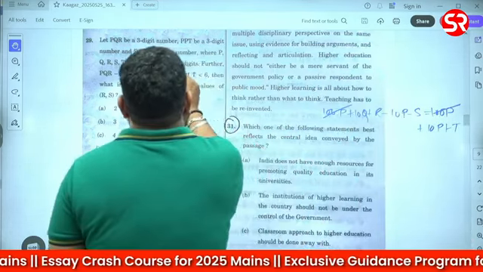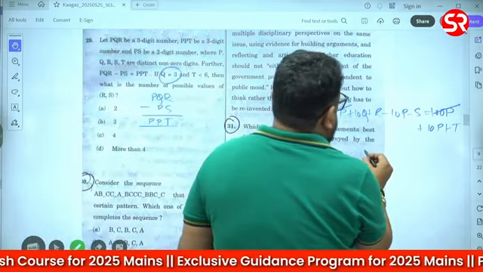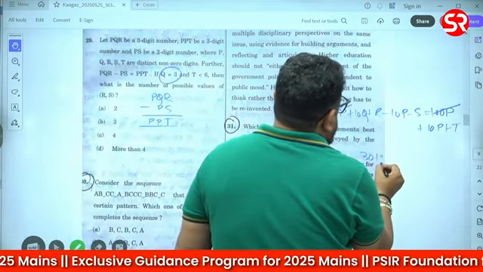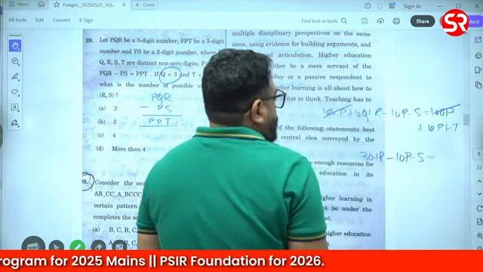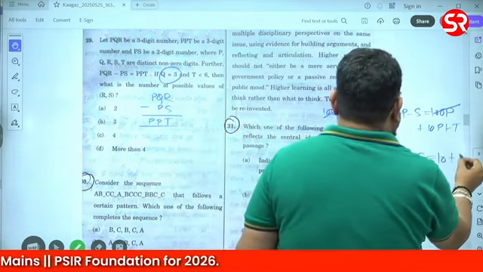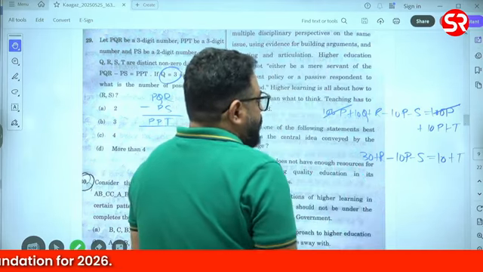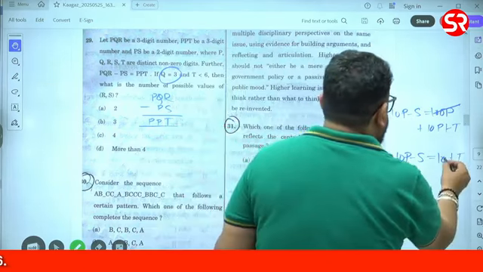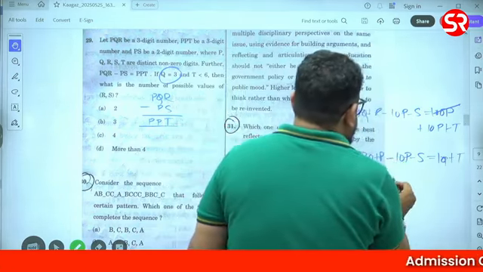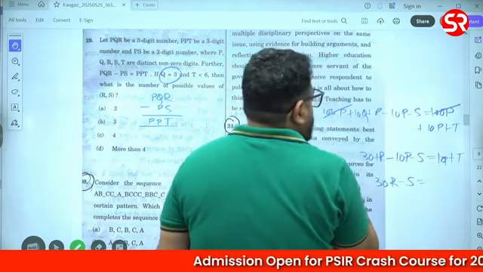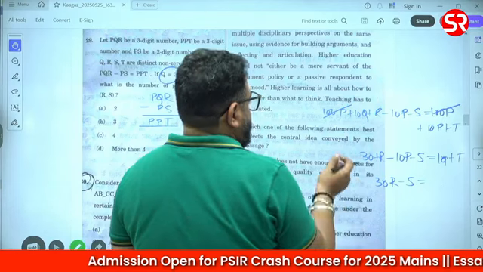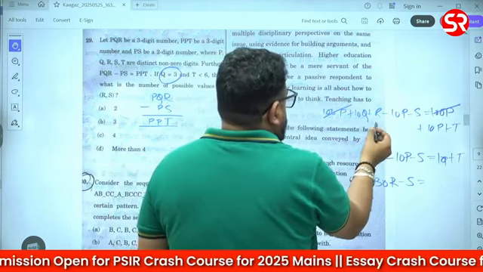And Q is 3. Q is 3. So ये 30 plus R minus 10P minus S is equal to 10P plus T. Huh? So 10P plus T. So 30 plus R minus S. That is, yeah, I put here.